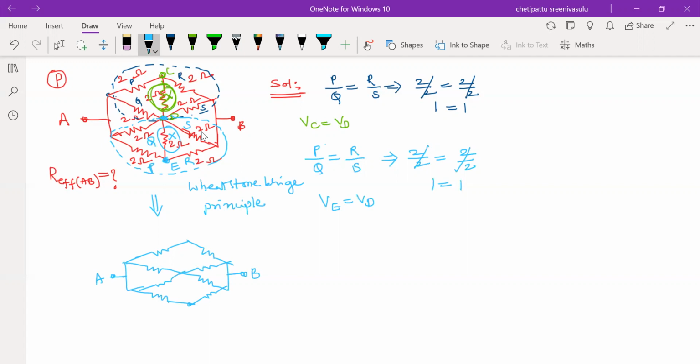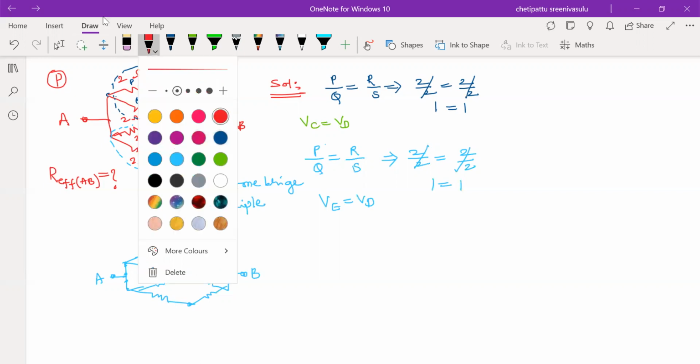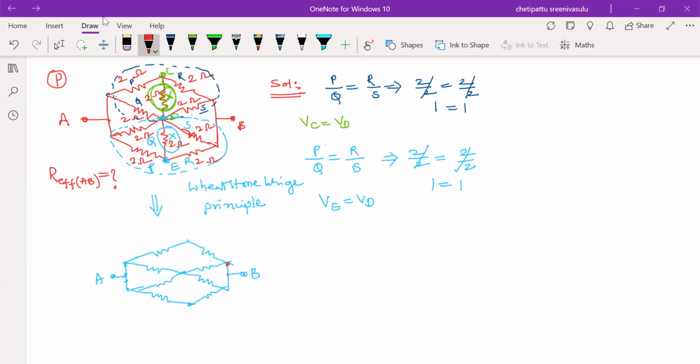You look at here, this point, this point, this point, this point, all are the same. In the same manner, on this side also, these points are all the same. Here, this point, this point, this point are the same. So we can club all these 3 points. So we can redraw this diagram again.